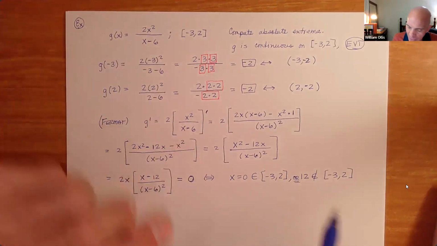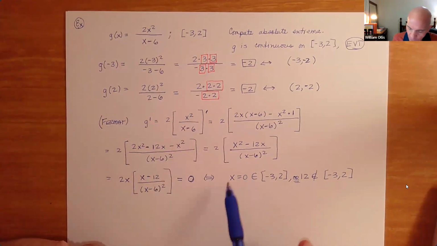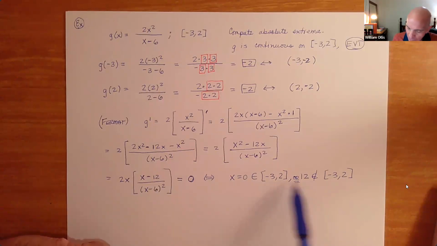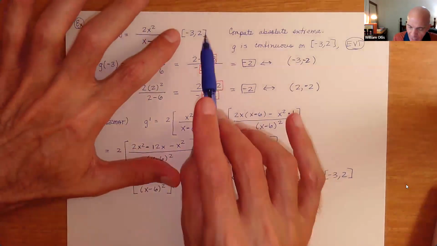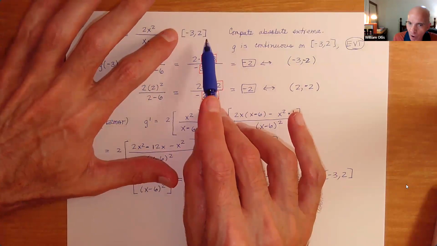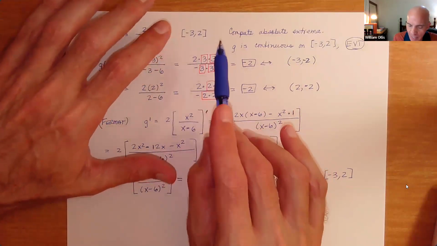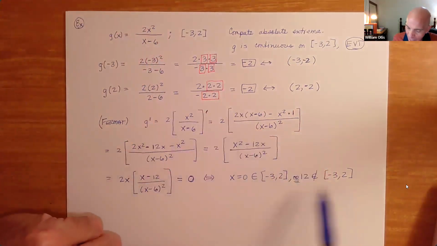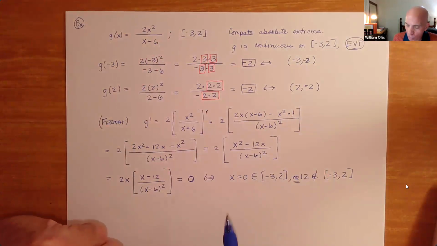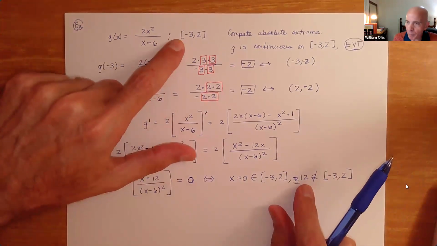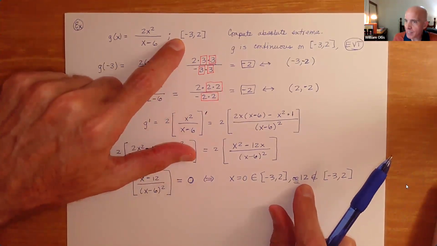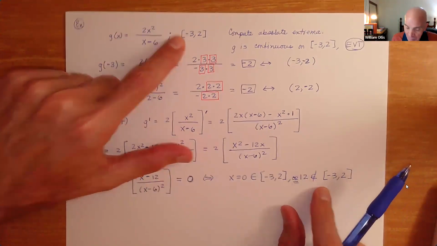But from this computation, if we had the standard domain of all real numbers except 6, then we would have two critical numbers, 0 and 12. Okay, but the 12 is not germane to this particular problem. That's the only reason we kick it out.